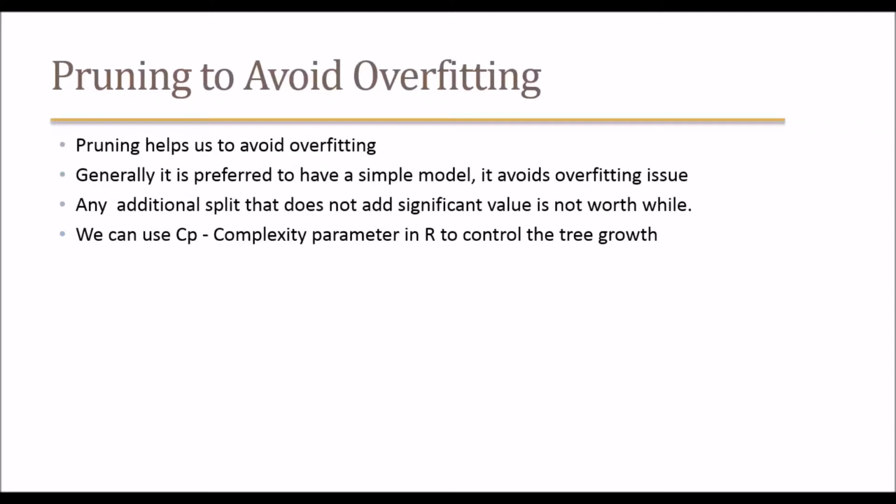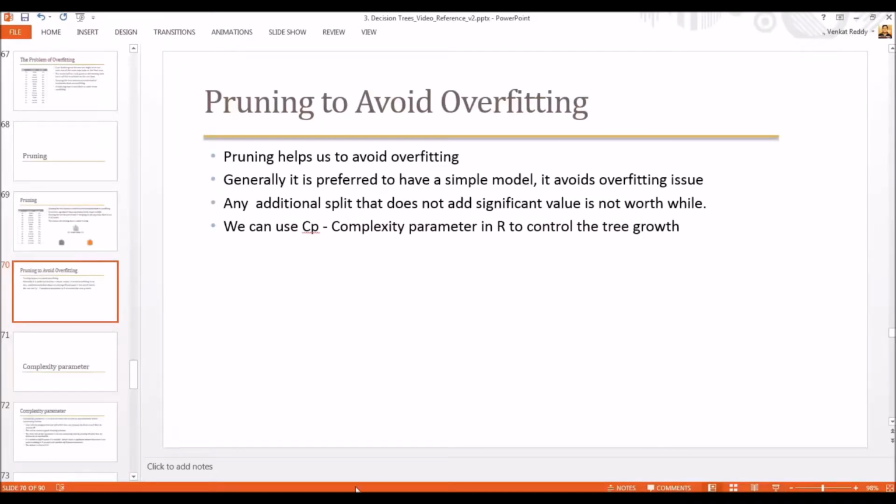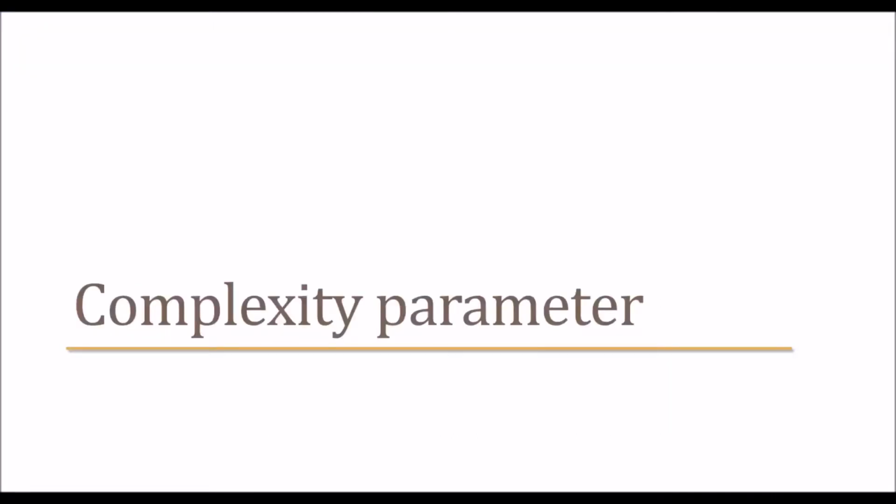While building the tree in the decision tree rpart algorithm, in control, the way we give a minimum split number, we can also give a complexity parameter, which will help us stop the growth of the trees, so that we can avoid overfitting.